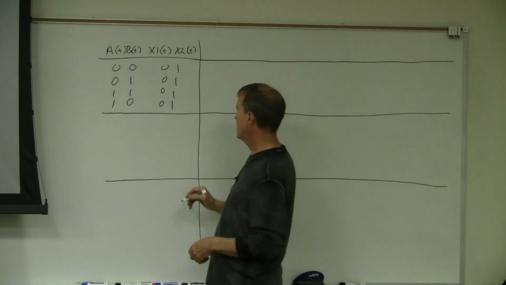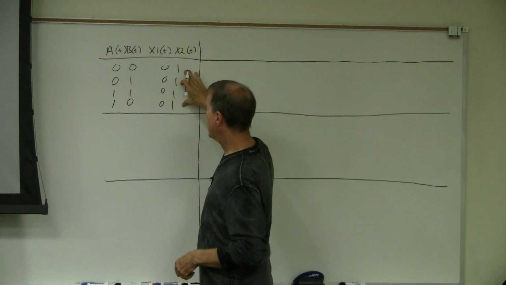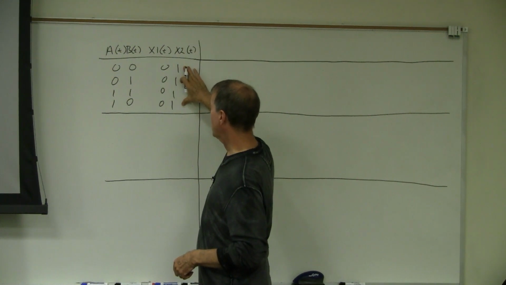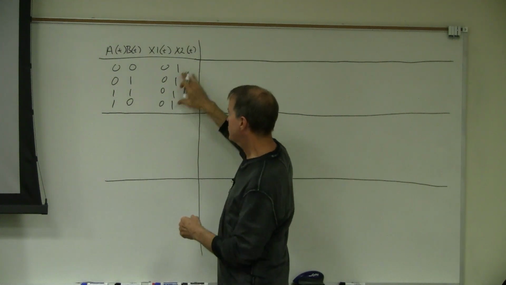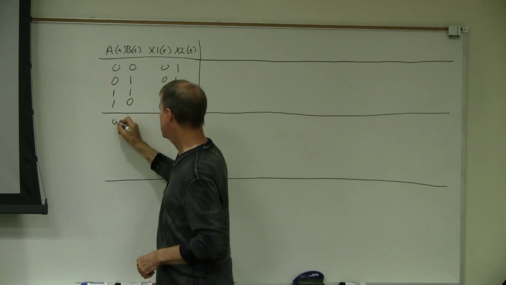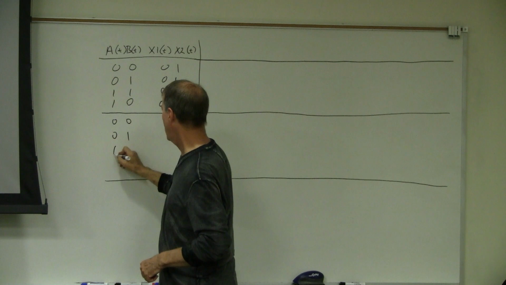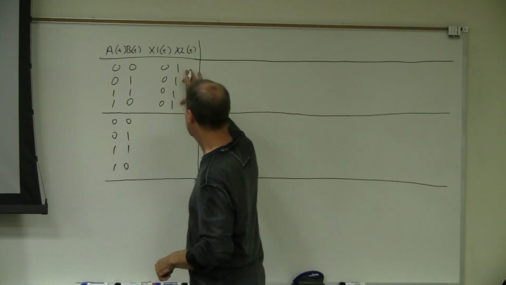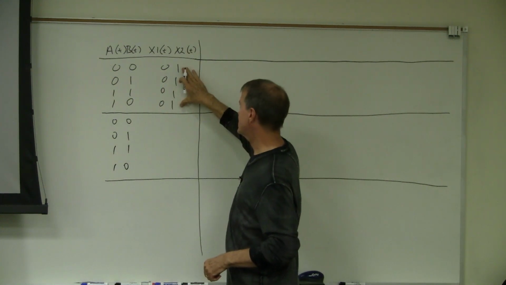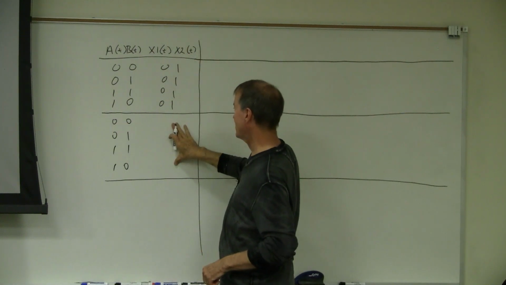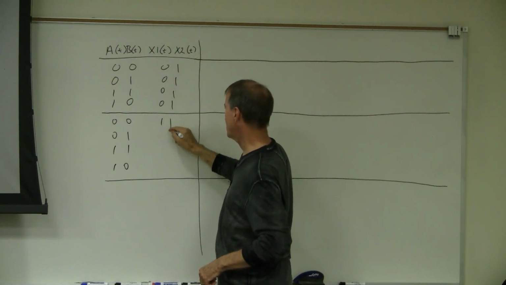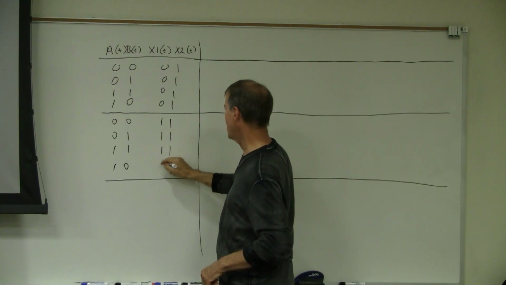All right. These are going to be part of the Karnaugh map. So the next ones we should do are 0, 0, 0, 1, 1, 1, 1, 0. Then here, 0, 0 would be there, and 0, 1 should be 1, 1. So 1, 1, 1, 1, 1, 1, 1, 1.